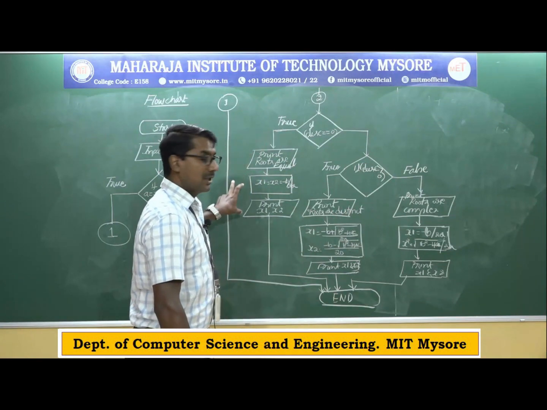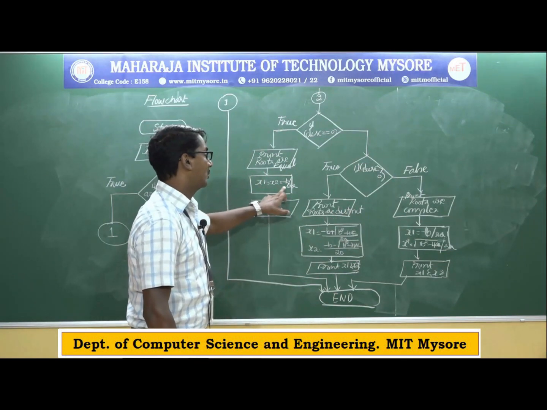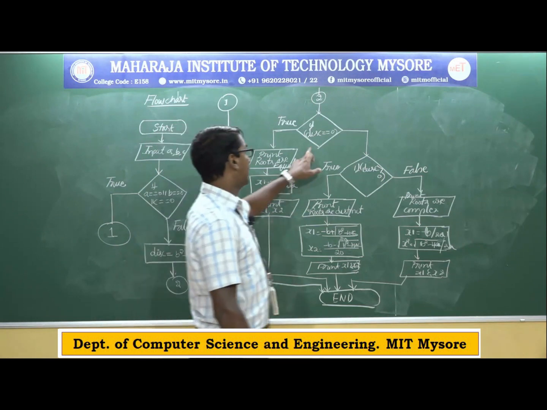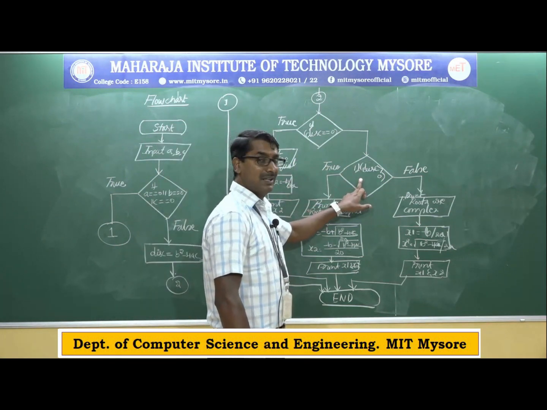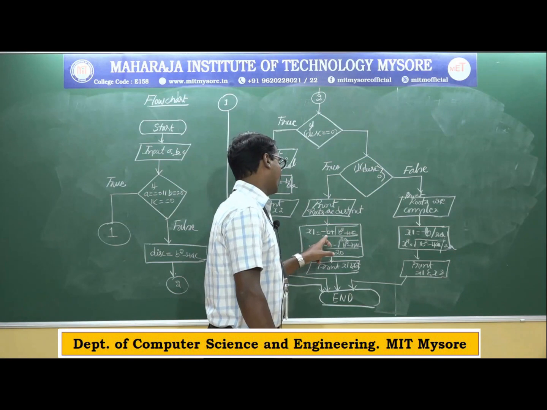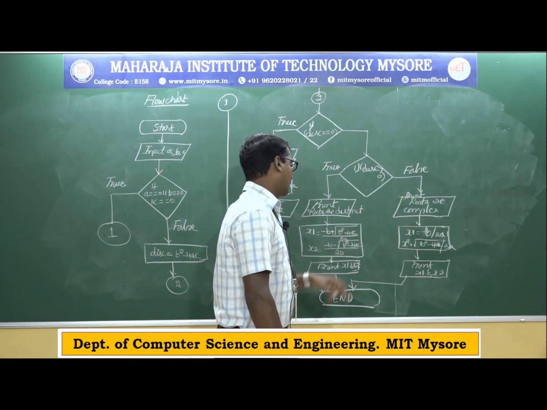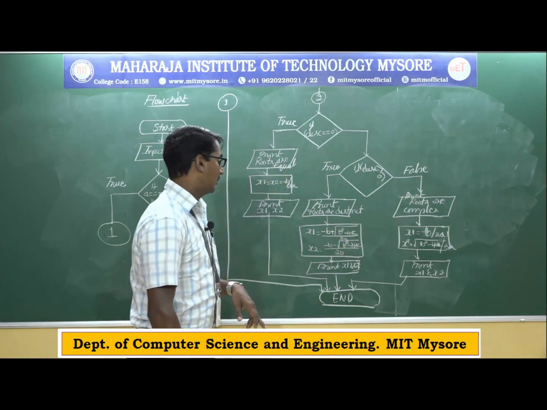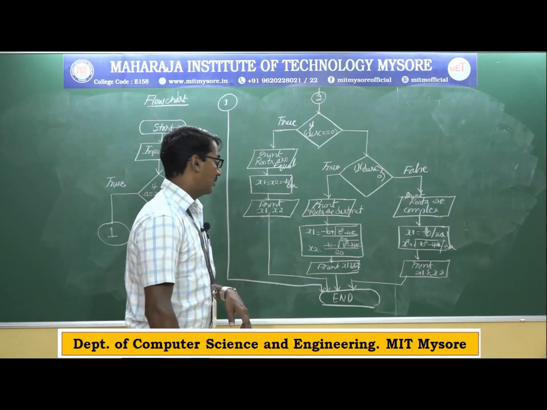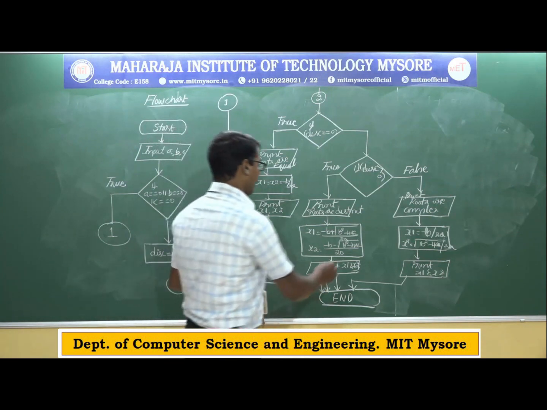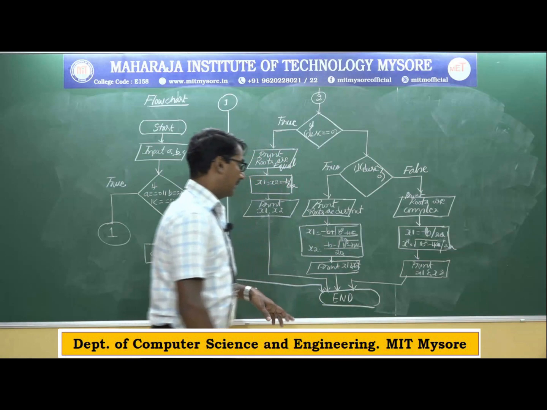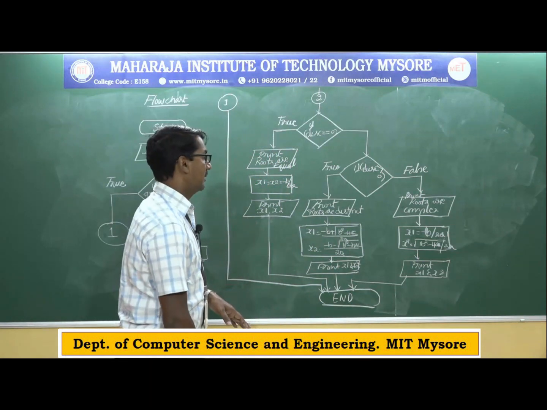If it is 0, roots are equal. So here x1 is equal to x2 is equal to minus b divided by 2a. If the discriminant value is greater than 0, then x1 is equal to minus b plus square root of b square minus 4ac divided by 2a, and x2 is equal to minus b minus square root of b square minus 4ac divided by 2a. Here roots are distinct.